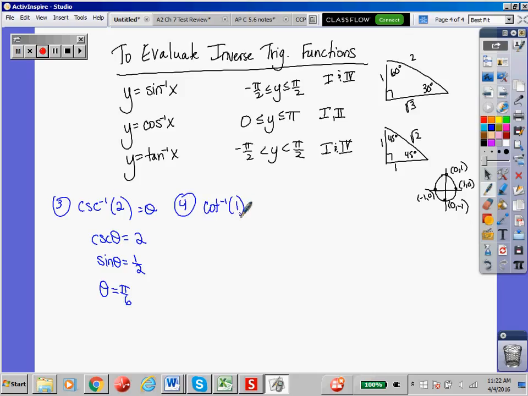All right, how about inverse cotangent 1? So this would rewrite as cotangent theta equals 1, but cotangent is the reciprocal of tangent, but 1 over 1 is still 1.